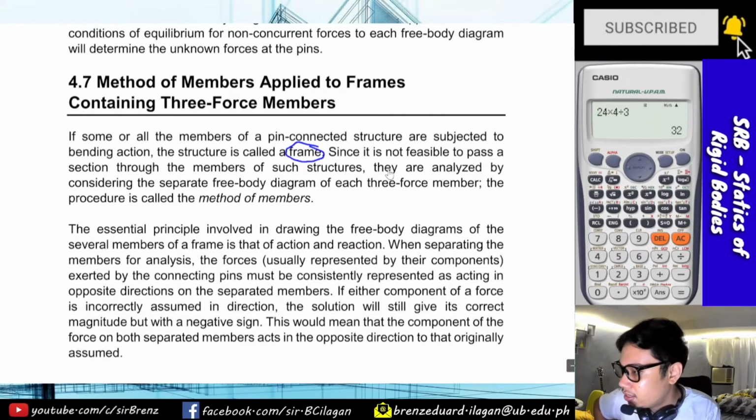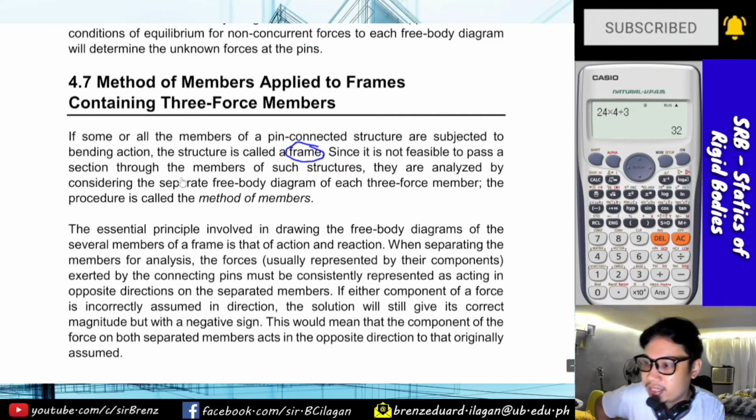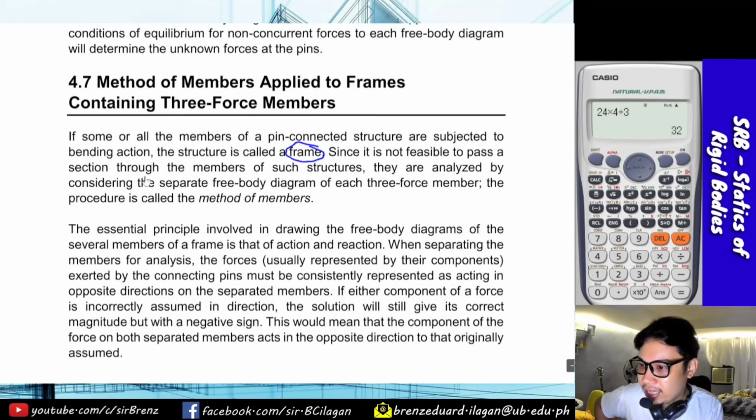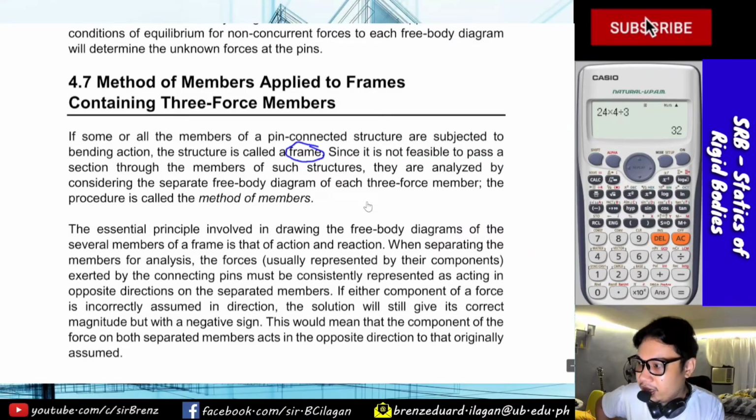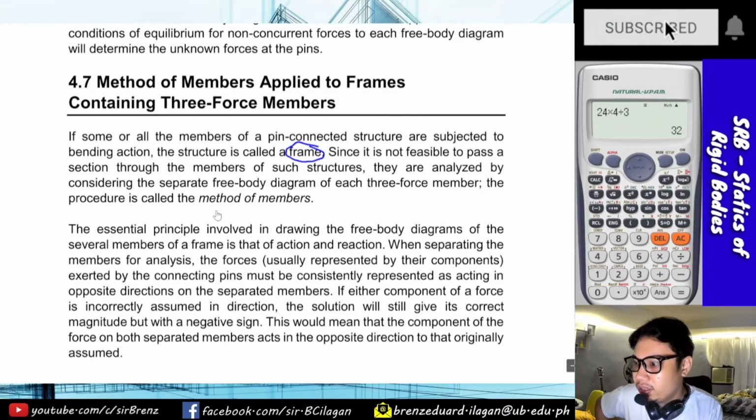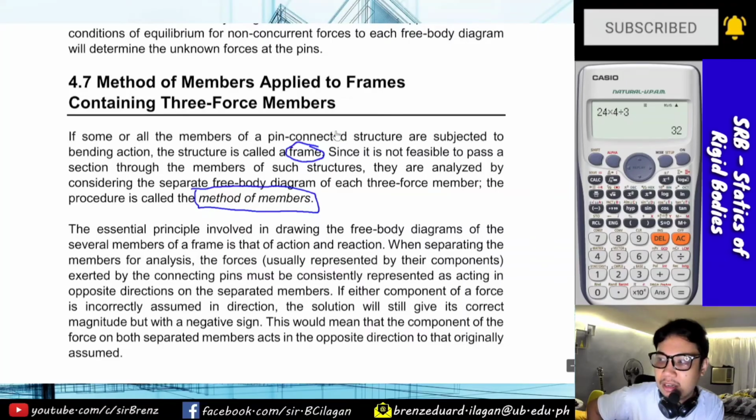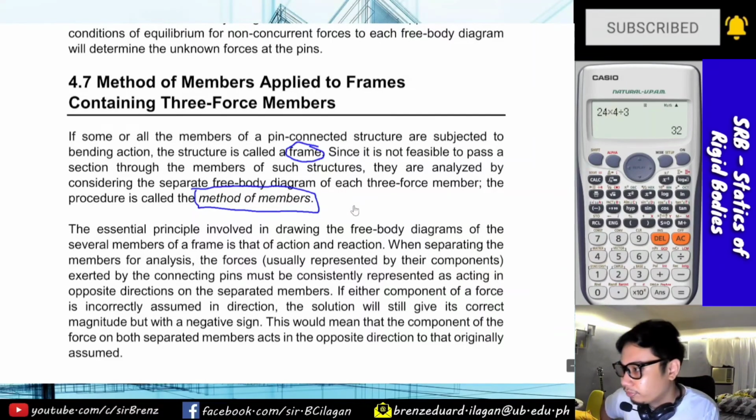Since it is not feasible to pass a section through the members of such structures, they are analyzed by considering the separate free body diagram of each 3-force member. The procedure is called the method of members. So, method of members is what we call the analysis of a 3-force member or a frame.